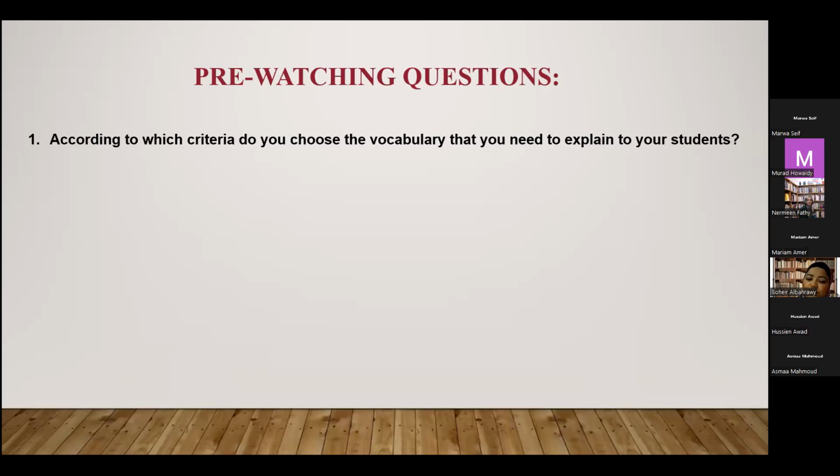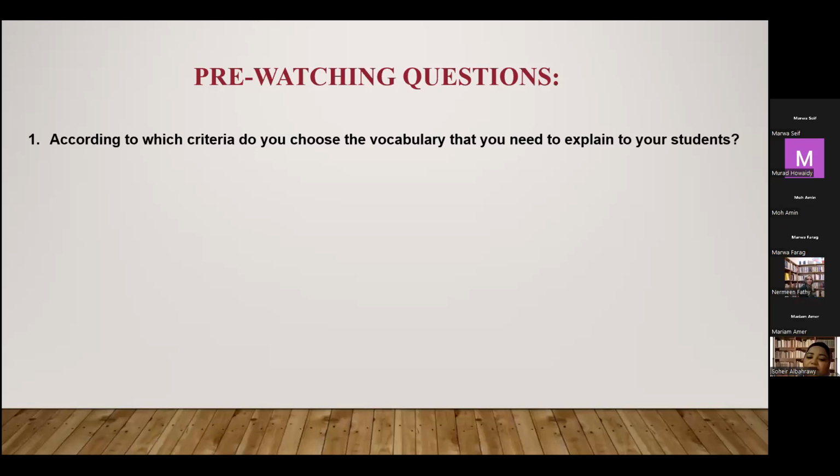So it's a must for me to introduce the words that are difficult, new, unfamiliar to them, words that I know they do not know. So I have to present them first, before the task, activity, or the process I'm adopting in this teaching process. So this is all.